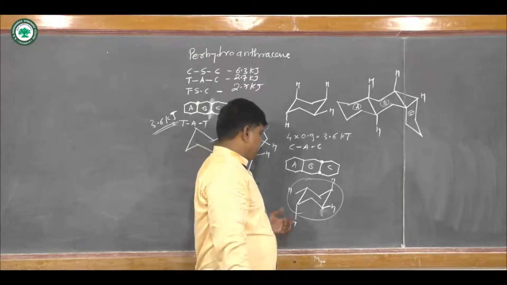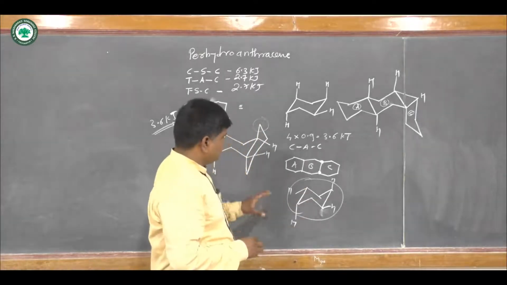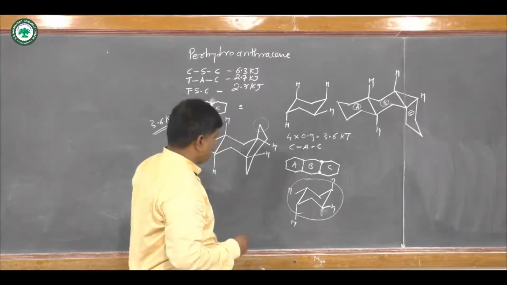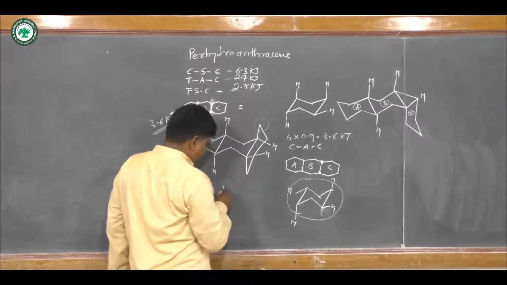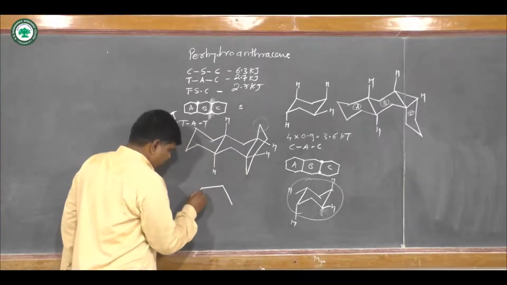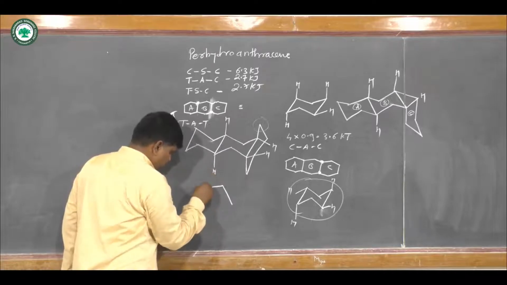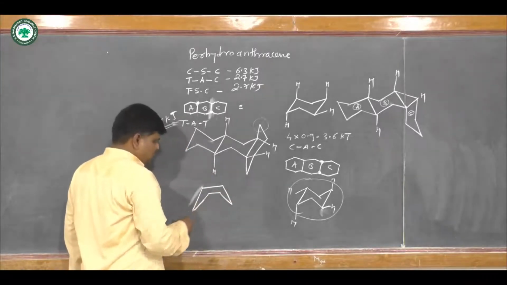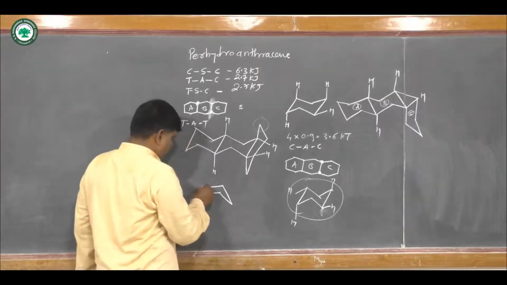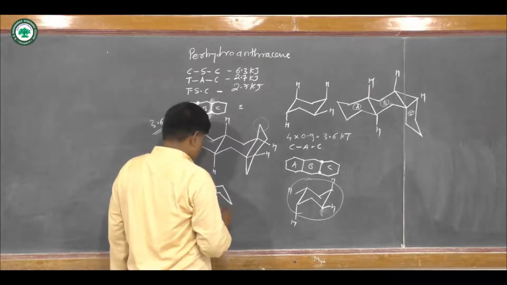When we write this structure in the boat conformation, at that time that boat is also not possible. We are trying here. Suppose this is your boat conformation. In this case both the bonds are below the plane. There is no possibility there.